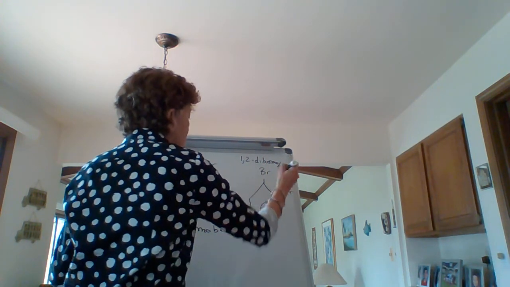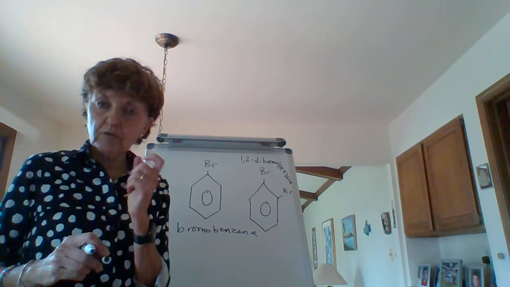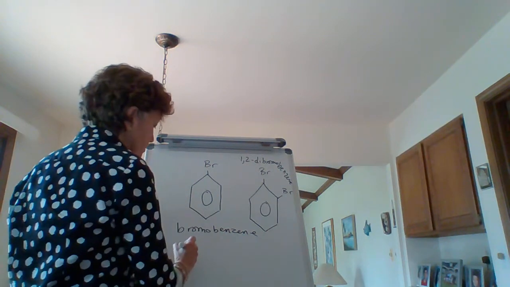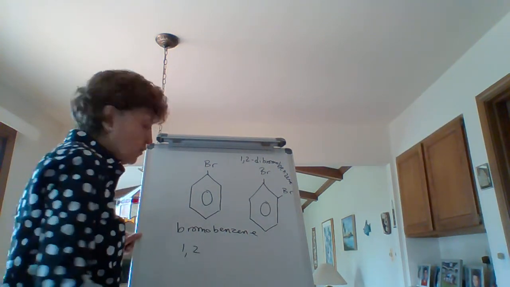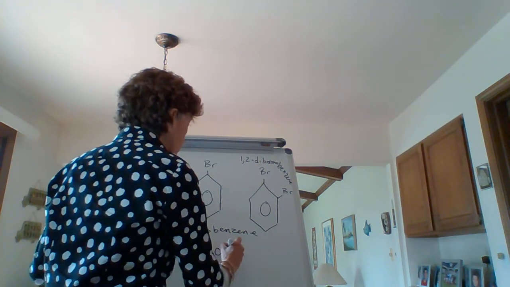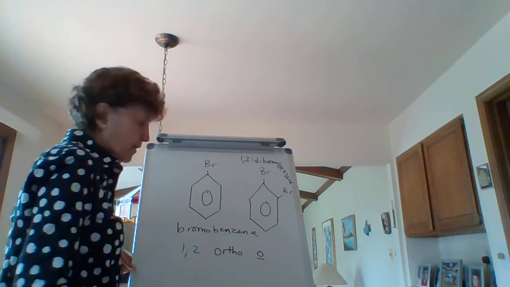all one word. Now with benzene though, they have this special type of nomenclature where if your 2 substituents are on carbons 1 and 2, you can use the term ortho, O with a line underneath.